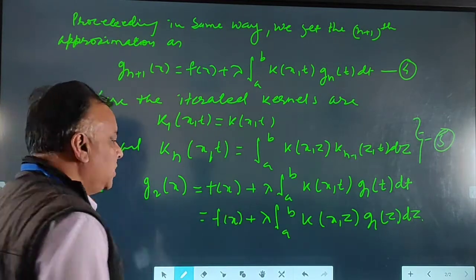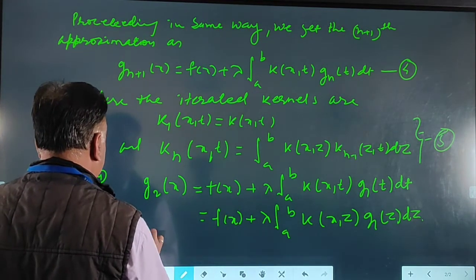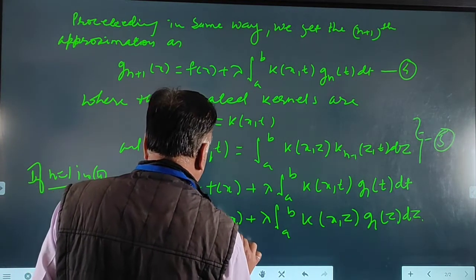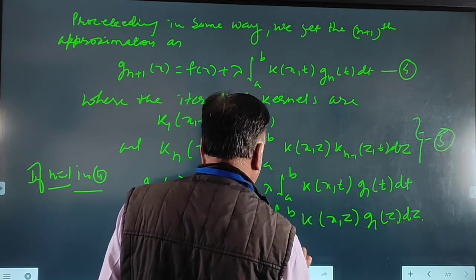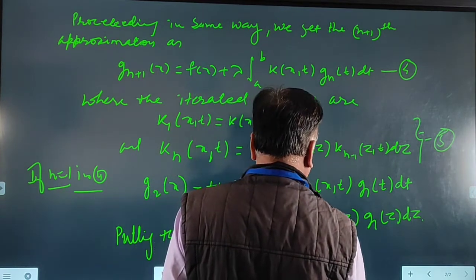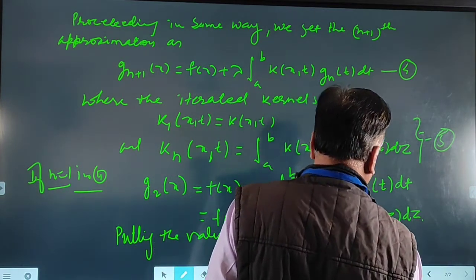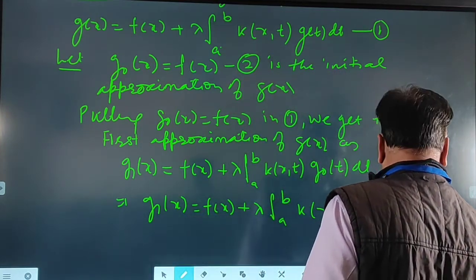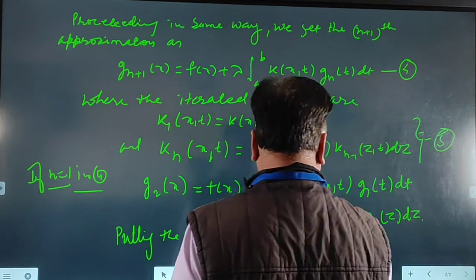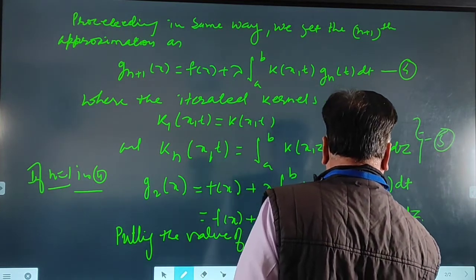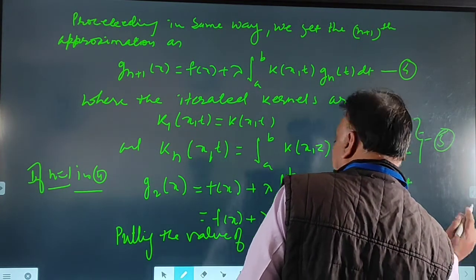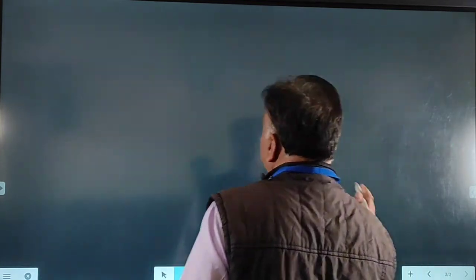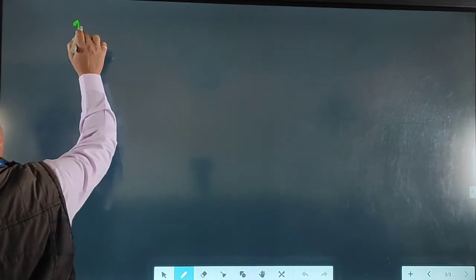Now putting the value of g1(z) from equation 3, we get g2(x).